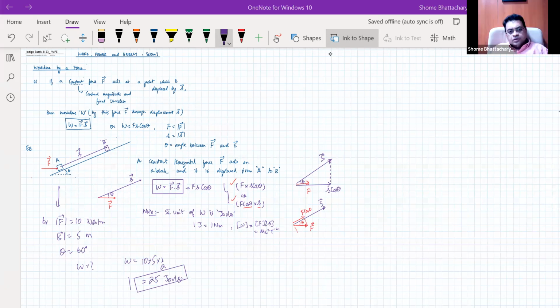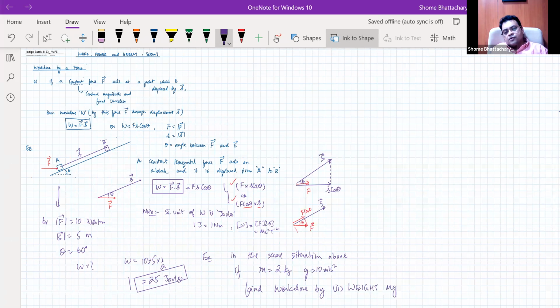Now let's do one more thing. In the same question, the same situation above, if mass of the block is equal to 2 kilograms and g is equal to 10 meters per second square, find the work done by the weight of the object.